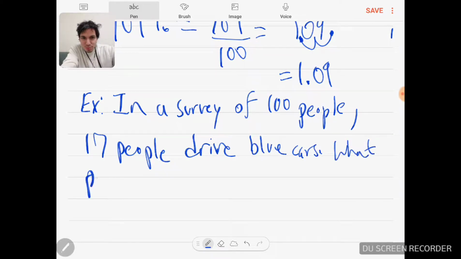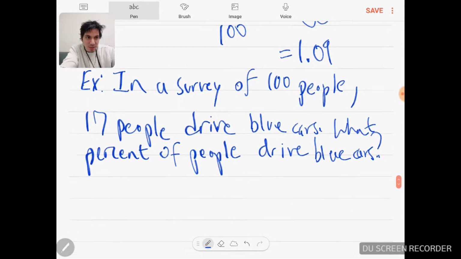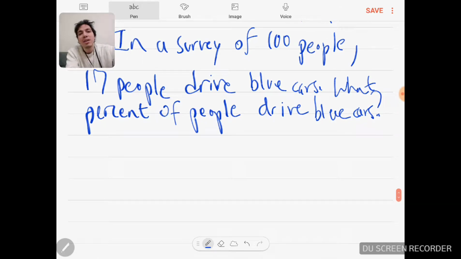What percent of people drive blue cars? Well, basically, when you think about it, of the 100 people, think of that as the total number of people.